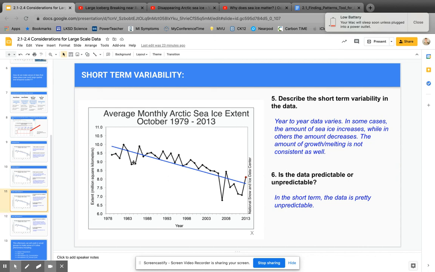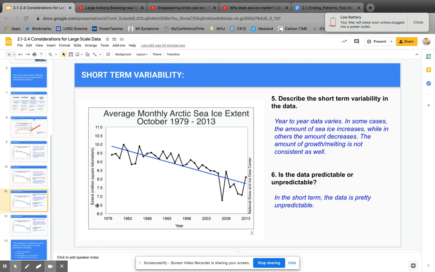Only using the data points that are already given, could you do that very easily? Not necessarily. It's pretty inconsistent. In fact, the amount that the sea ice grows or retreats is inconsistent also. So we would say that this data is pretty unpredictable on the short term. If we were to say what's going to happen with the amount of sea ice next year, we're not entirely sure.